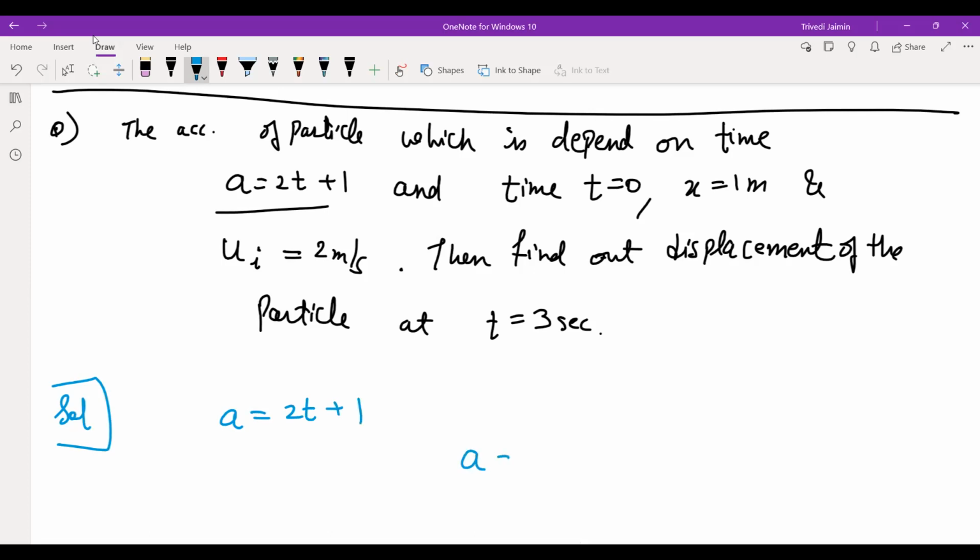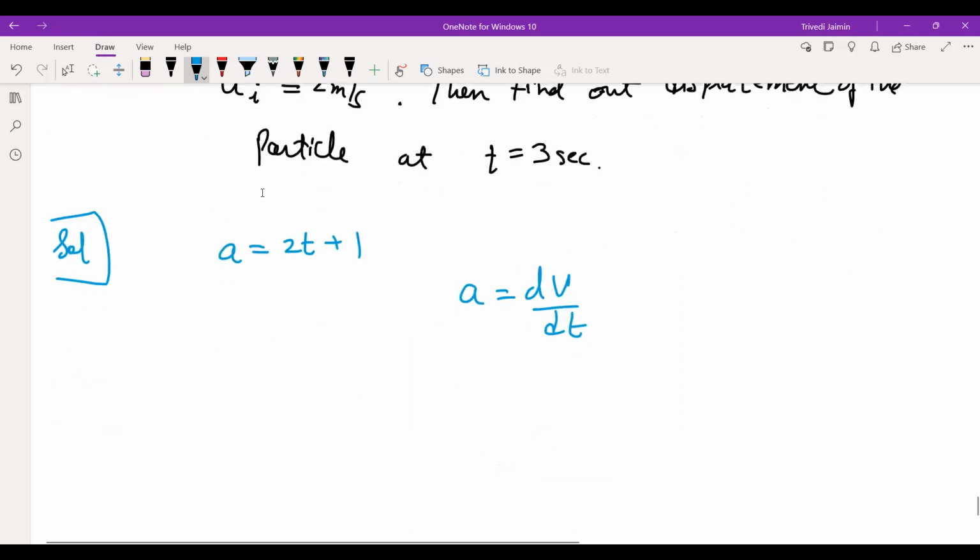So A equals to dv by dt. So dv equals to A dt. So dv equals to 2t plus 1 dt. Integration.